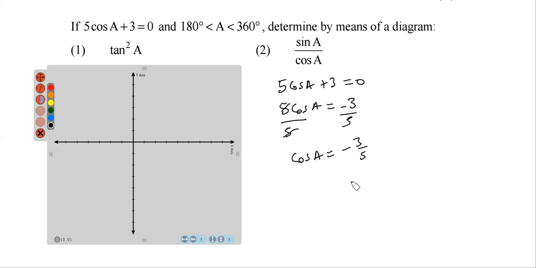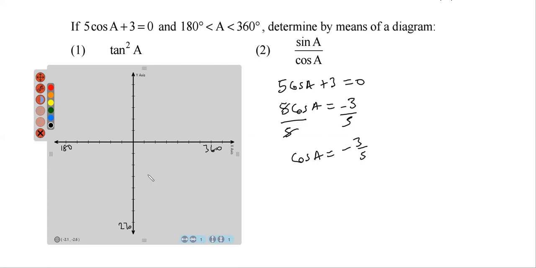Now, cos is negative. If cos is negative, it means that the angle can't be in the first quadrant. But what is the angle? We are told that it's from 180 to 360, so here is 270.